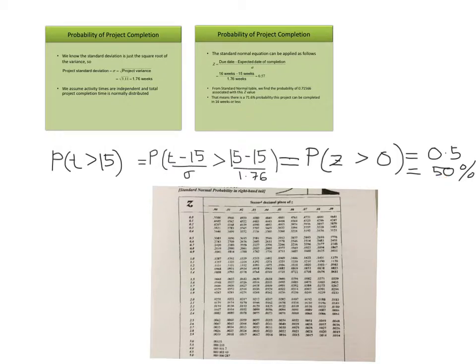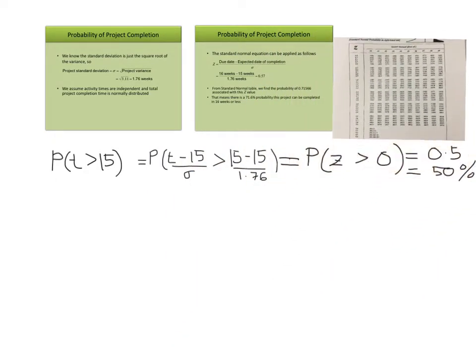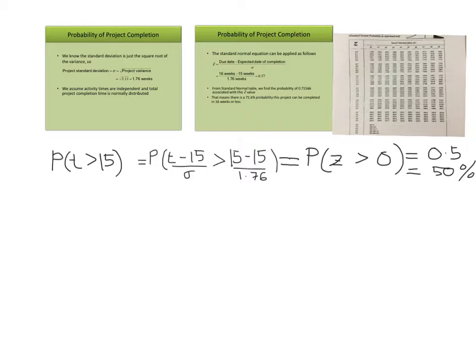Okay, now let's take another probability. What happens if we extend 1 week, and we want to find the probability that the project is completed within 16 weeks? So I put a less than here because it is within 16 weeks.